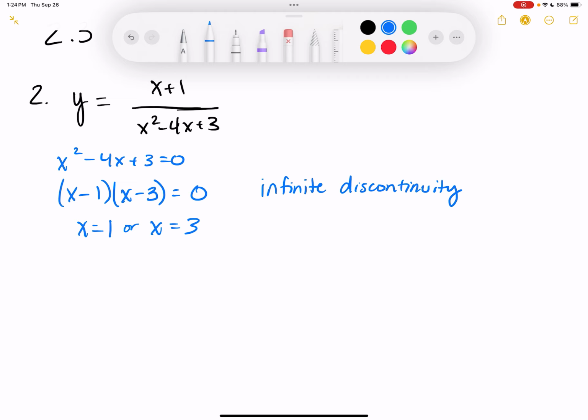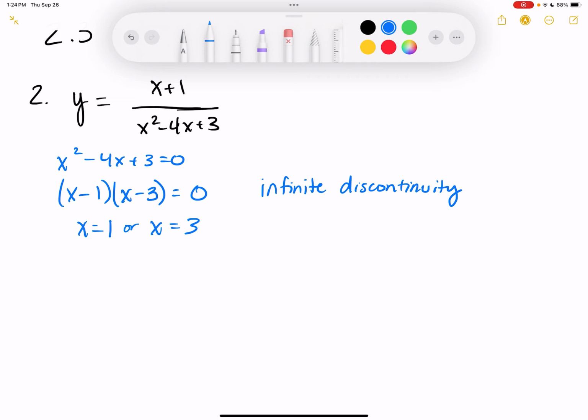So how do you know that it's infinite discontinuity? Because I didn't graph it, but it just keeps going. Essentially it's like an asymptote, a vertical asymptote, pretty much saying that it keeps going on each side at x equals 1 and x equals 3.